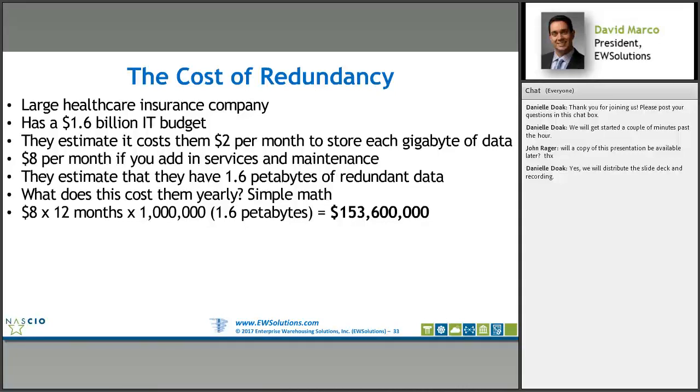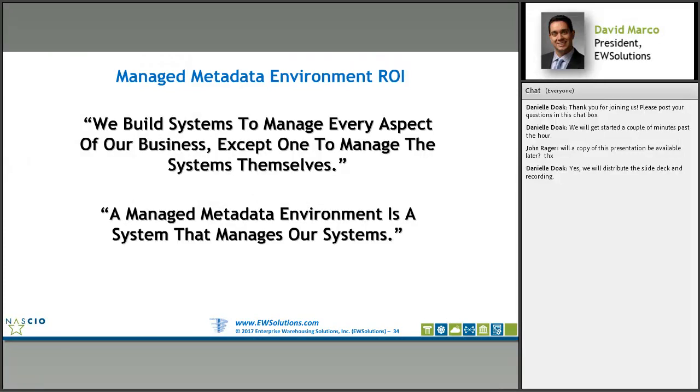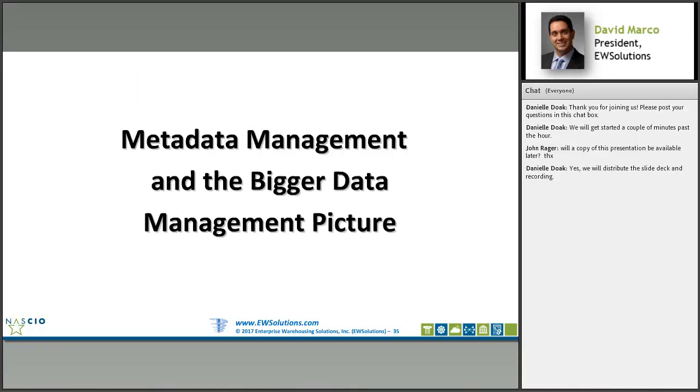And as a result, it's negatively impacting our state agencies. That number of what that costs us is much harder to define, but it's very significant. So let's continue. When we look at building a managed metadata environment, being able to manage our metadata globally within our agency, it's critical because it is a system that helps us actually manage our internal systems.